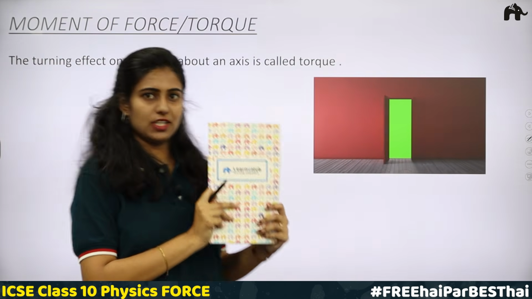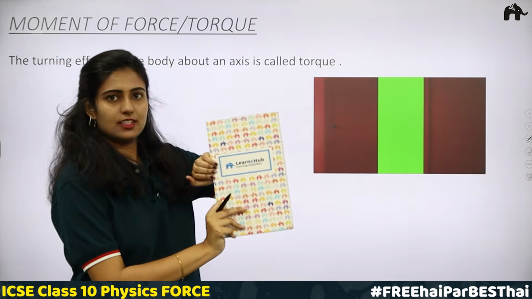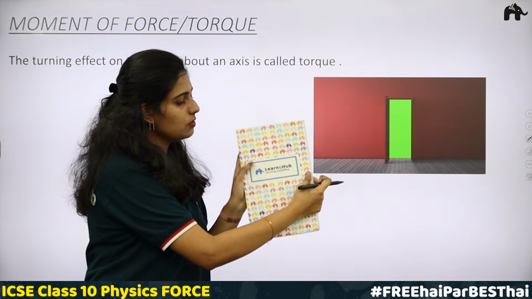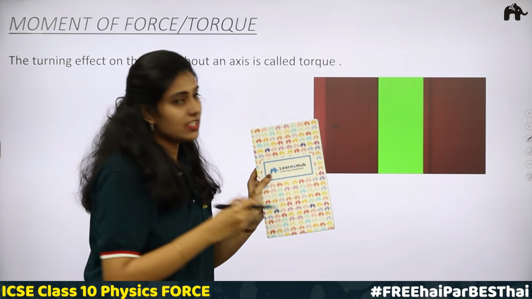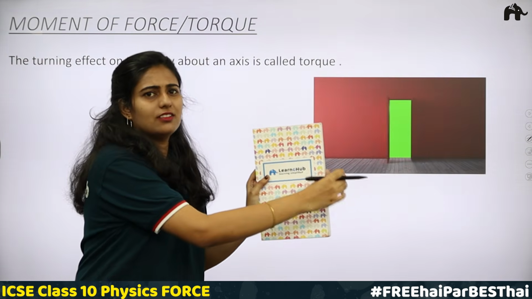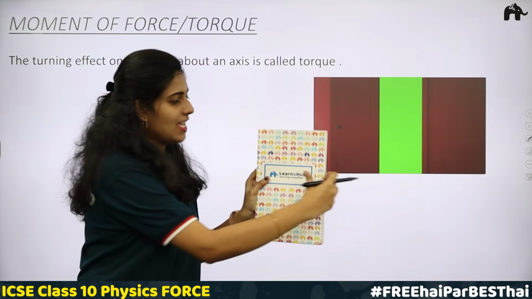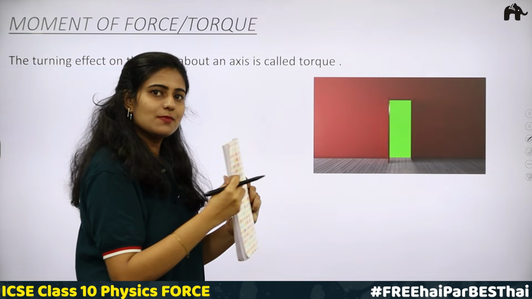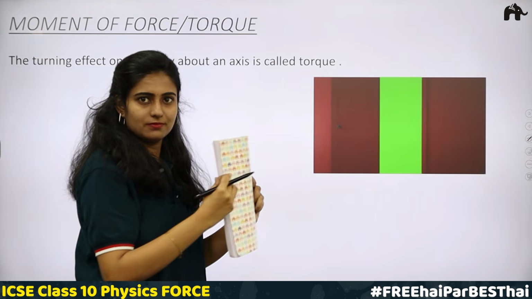Now here I have a book in my hand. This point is my pivoted point and I am holding it tight. I want to give it a rotational motion. What can be done? Where will I hold and move this? Yes, I'll be applying a force here. When I apply a force here, it is bringing a rotational motion.